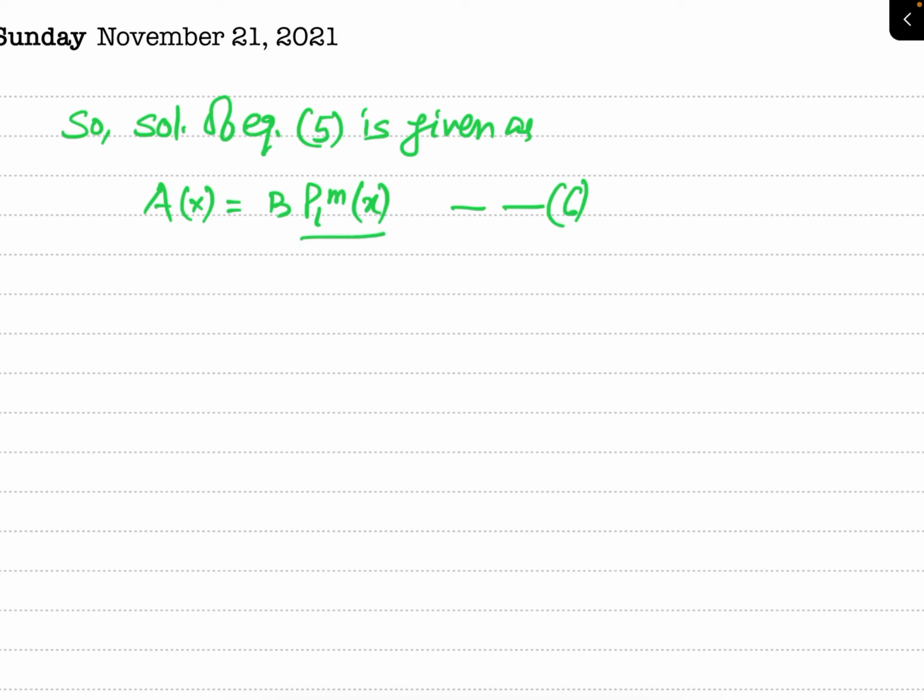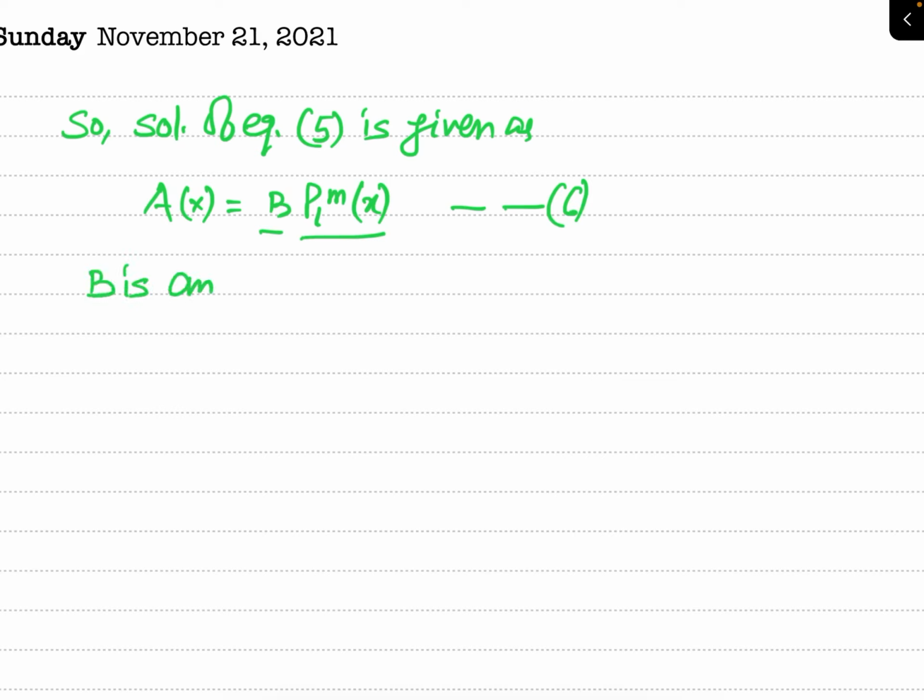Now you can see that this PLM of x is the associated Legendre function or polynomial, and this b is an arbitrary function of r.